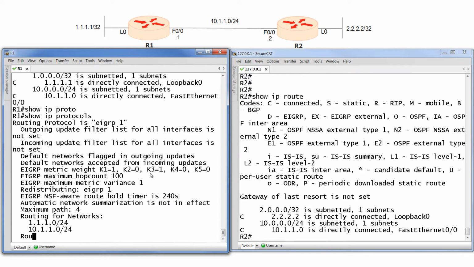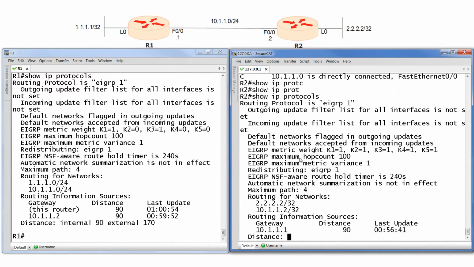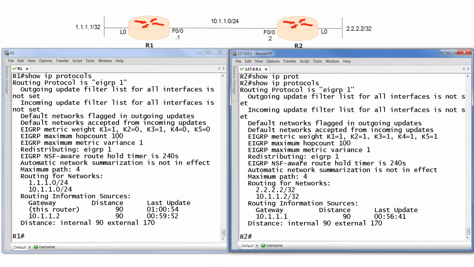Show ip protocols. Again, I will run it on both routers. Okay, that's it. Now you can pause the video, go back, maybe download the document that I prepared for you. It is up to you. Please make sure that you identify this issue and suggest what to do with it.